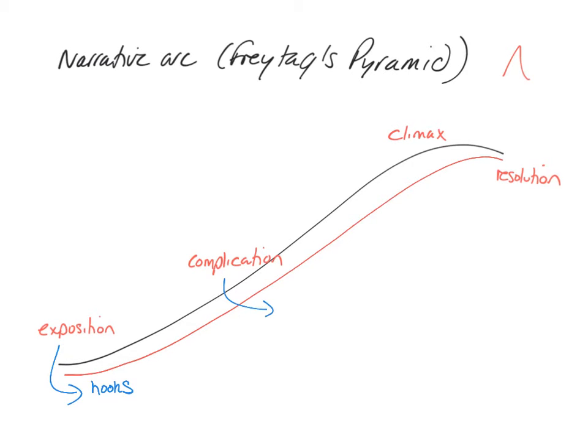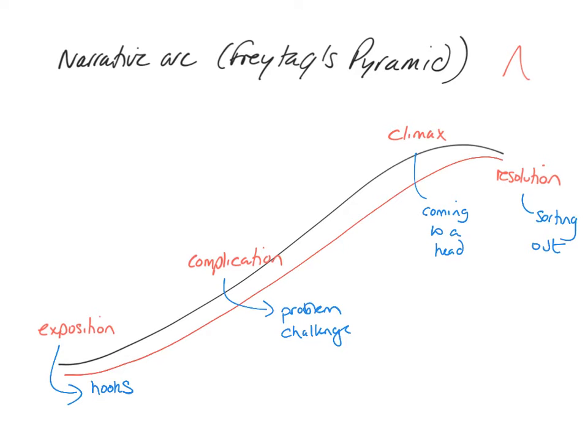Your complication is going to be some sort of problem, some sort of challenge that's faced as the action starts to develop. Your climax is things coming to a head. And then your resolution is things are sorting out. They're sorted out a bit more. Okay, there is a kind of problem resolved.